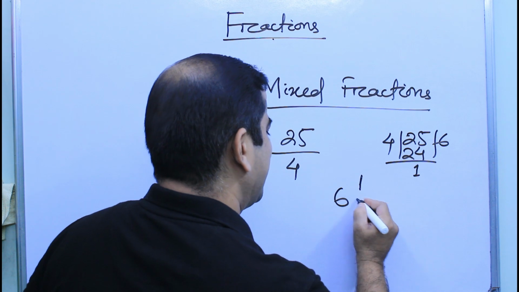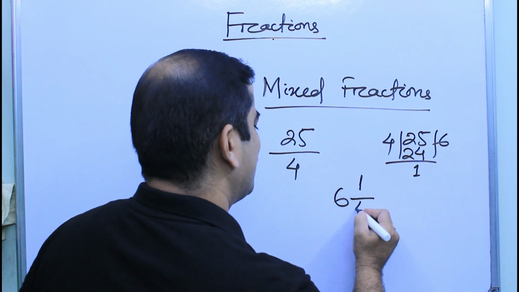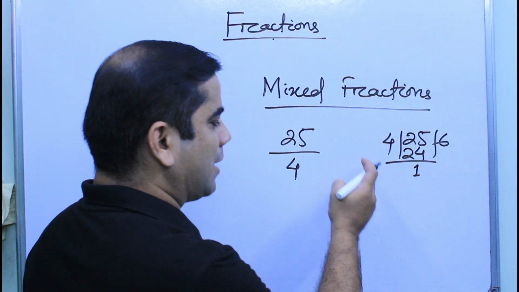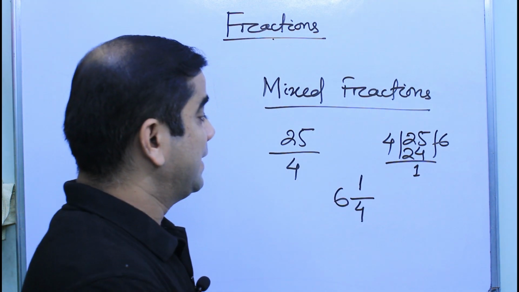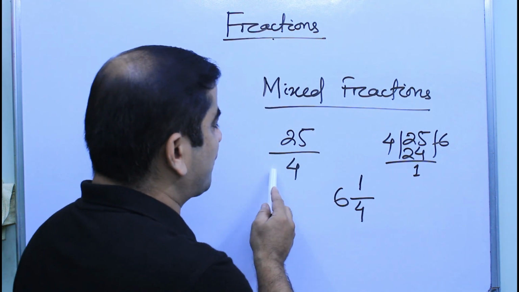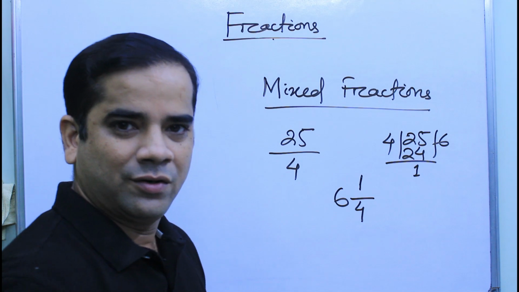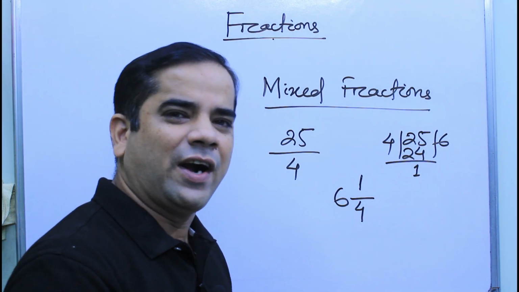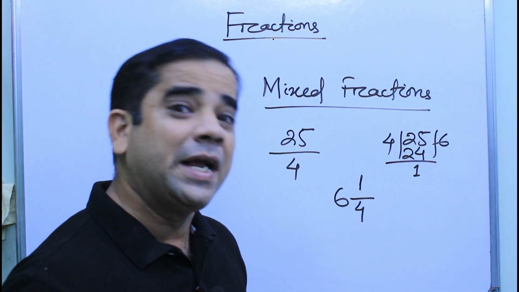Remainder is 1. Divisor is 4. And how to read it? 6 whole 1 by 4. So 6 whole 1 by 4 is the mixed fraction for the improper fraction 25 by 4. Hope you understand. I hope you all can now convert improper fraction into mixed fraction.